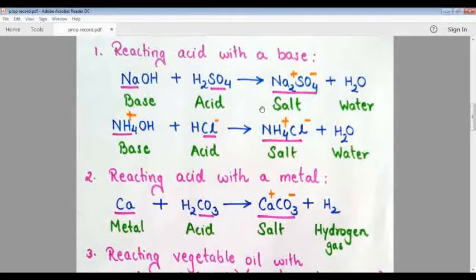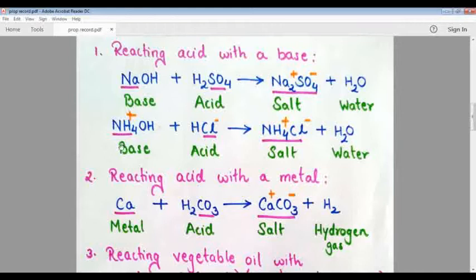How has the salt formed? It has a positive cation and a negative anion. The positive part is taken from the base, sodium hydroxide, and the negative part has been taken from the sulfuric acid, that is the sulfate, isn't it? And thus the salt has formed.